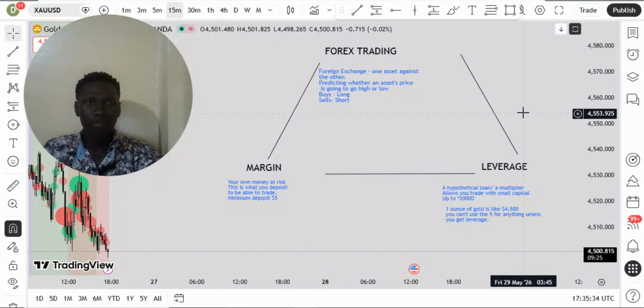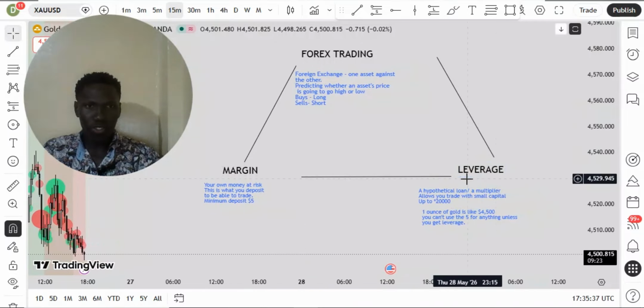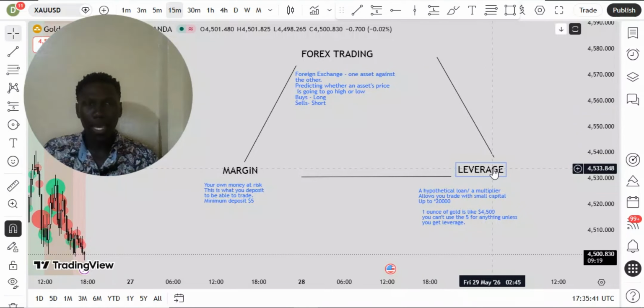We also have leverage. What is leverage? Leverage is like a hypothetical loan or a multiplier. What that does is it allows you to trade with small capital, right? And it can be up to times 20,000.